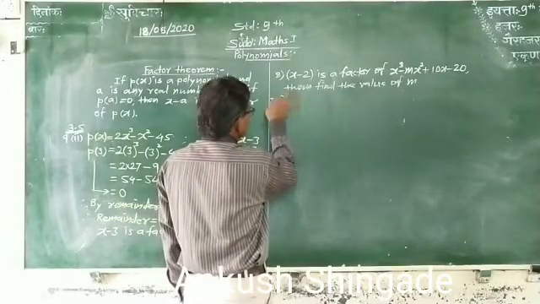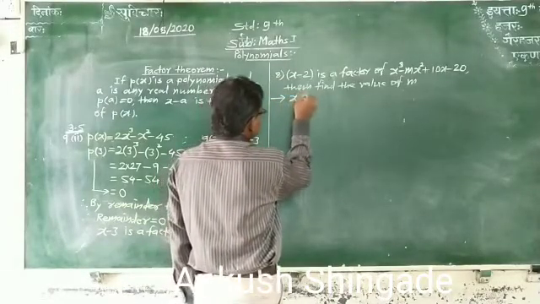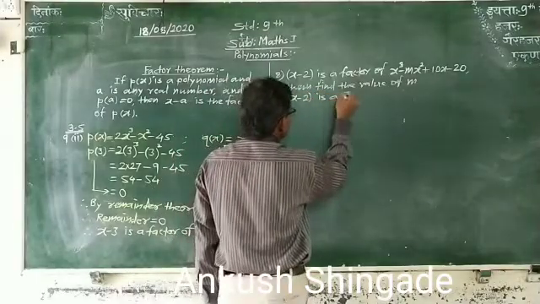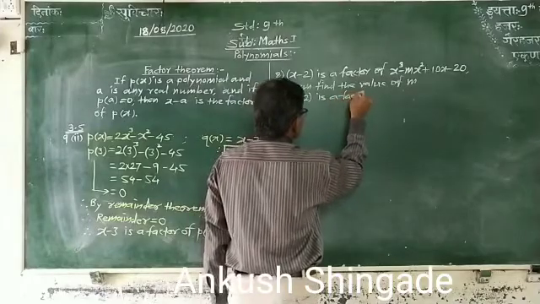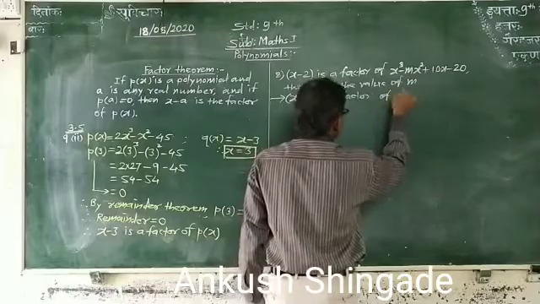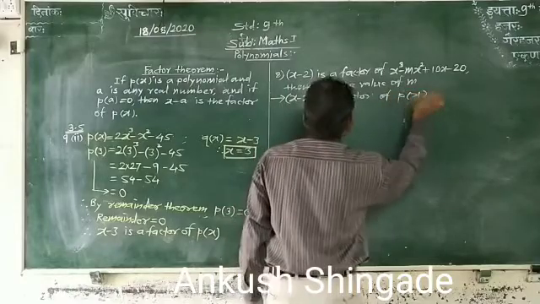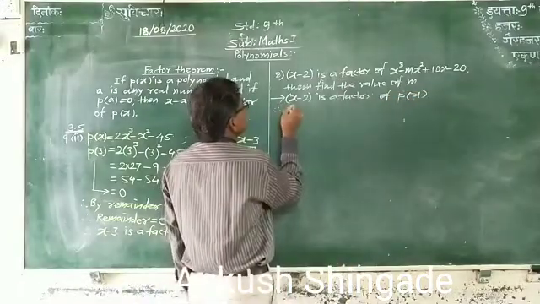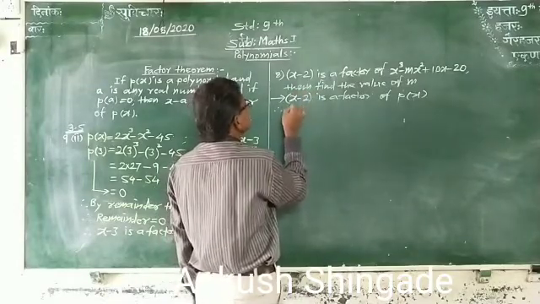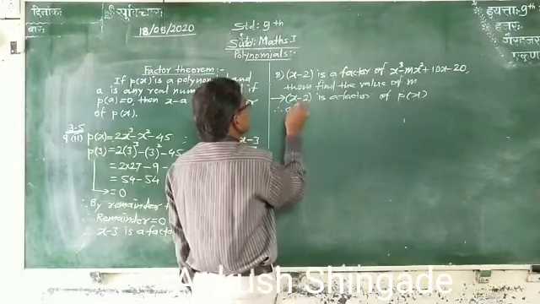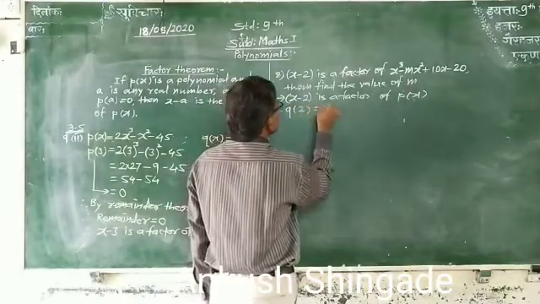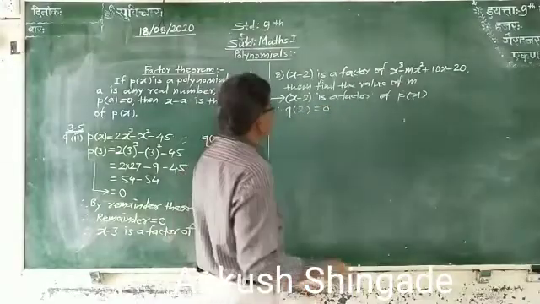Now solution. x minus 2 is a factor of Px. That means Q2 is equal to 0.